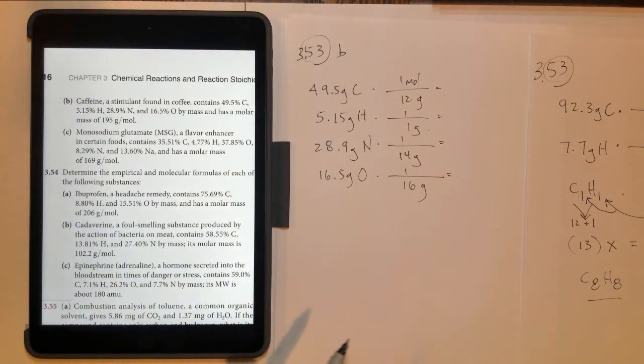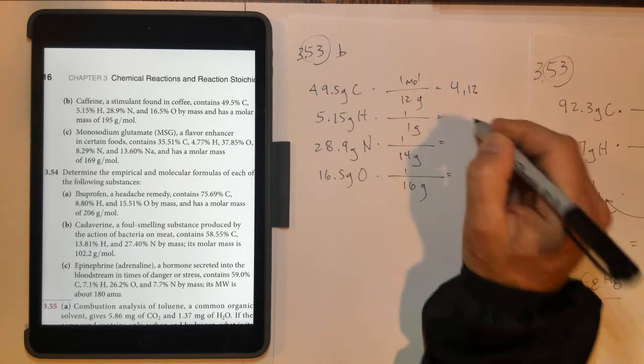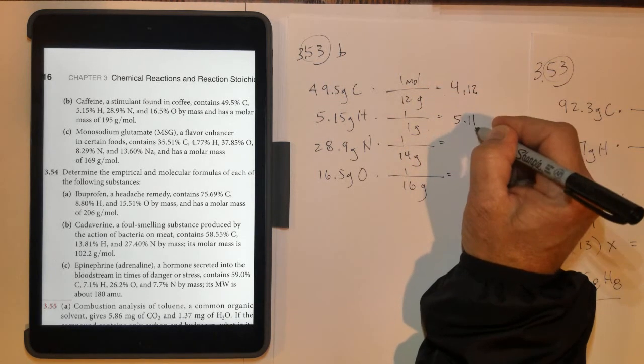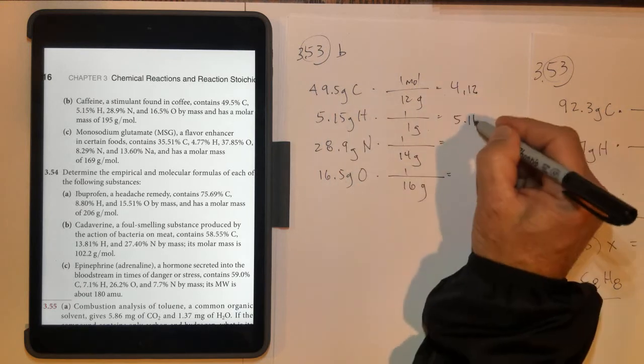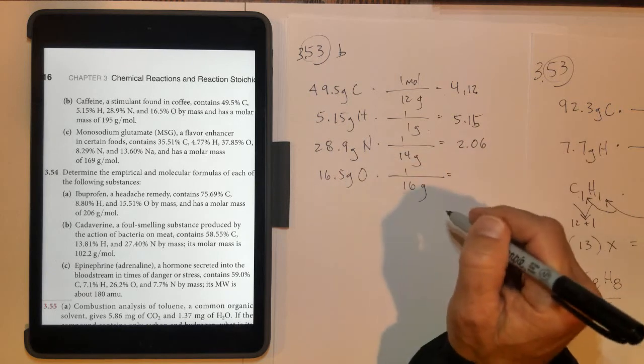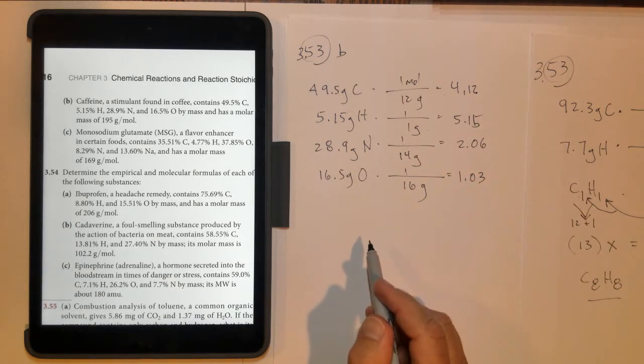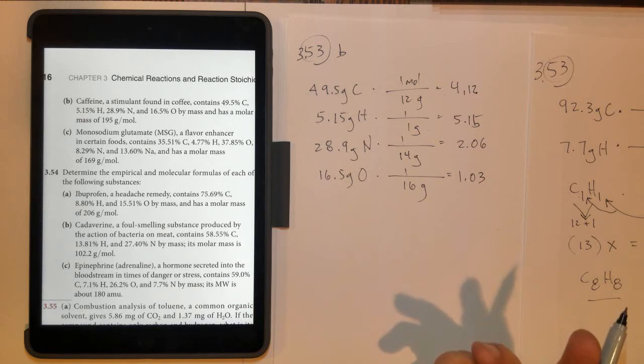Alright, when I divide these then, I get 4.12 moles of carbon, 5.11 moles of hydrogen, or 5.15. I get 2.06, and then I get 1.03 for my moles of oxygen.